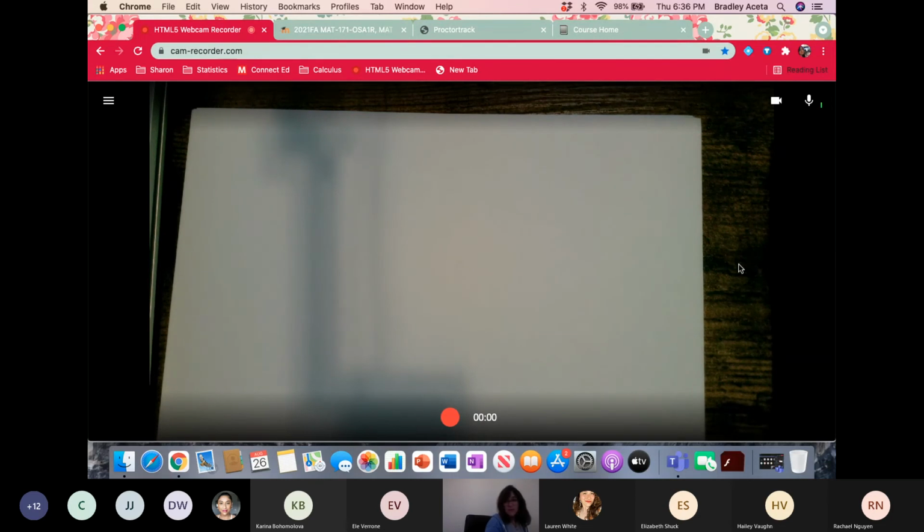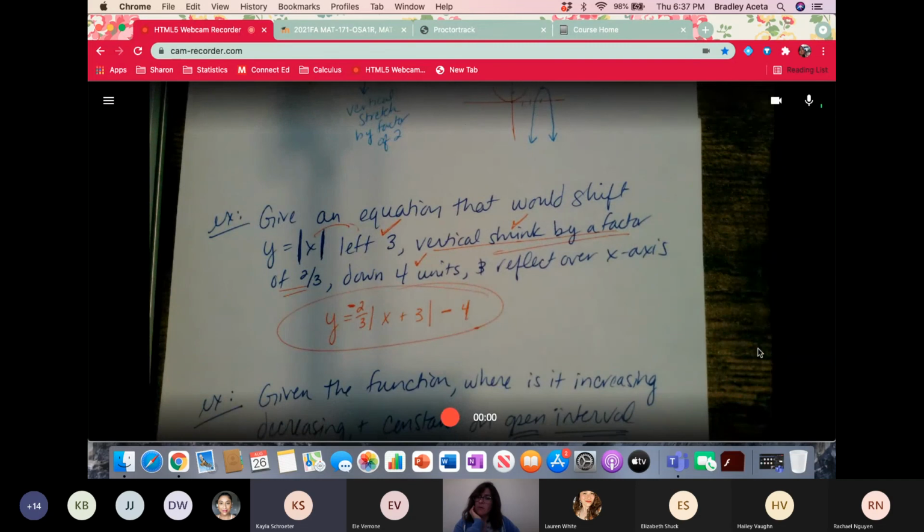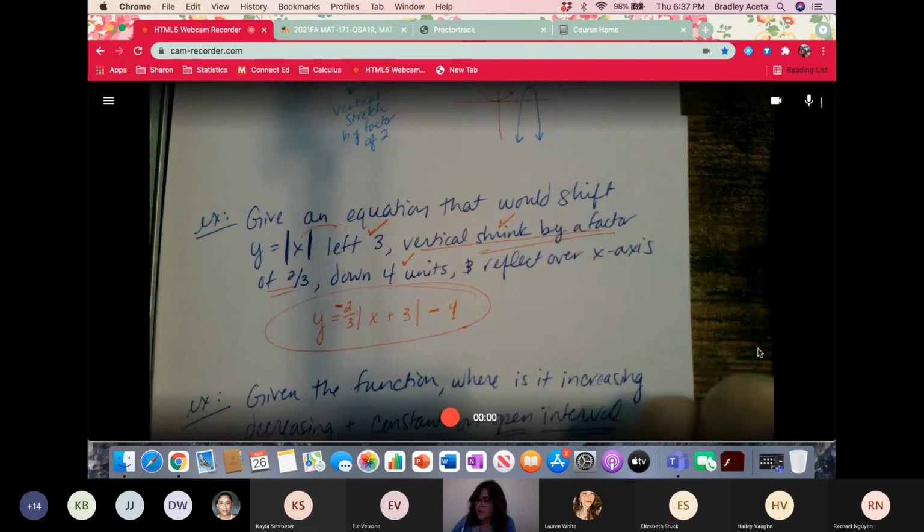Miss Estelle, I had a question really quick. Go for it. On the last set of examples that you just gave with the shift that you had, the vertical shrink with the factor of 2/3, where I was missing it when I was writing it down. How did we get the negative in front of the 2/3? The negative is this last part right here.